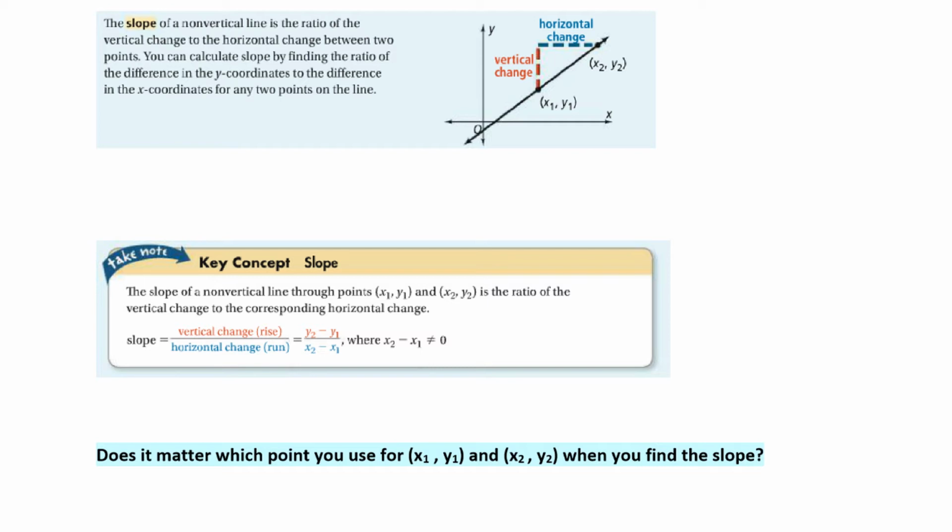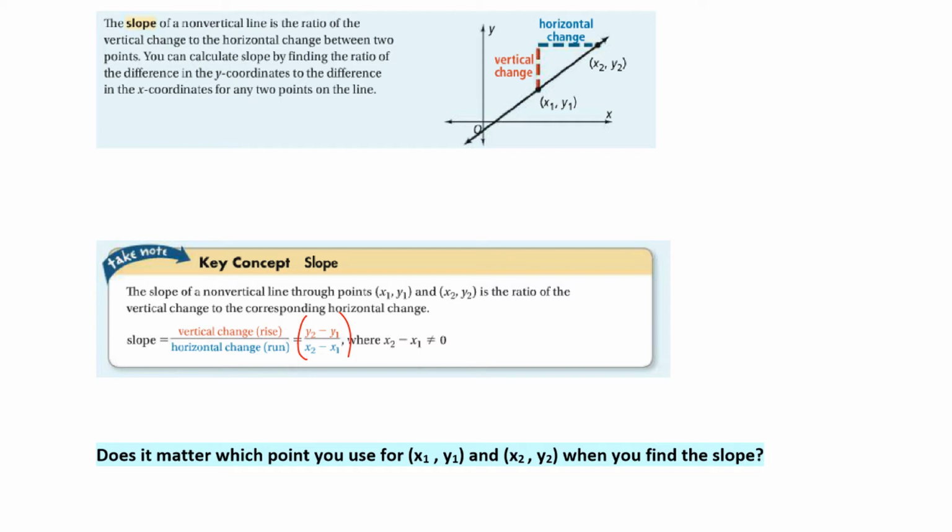If we look in our key concept box here, it says the slope is the ratio of vertical change to the corresponding horizontal change. We have y sub 2 minus y sub 1 divided by x sub 2 minus x sub 1, where x sub 2 minus x sub 1 can't equal 0 because we can't have 0 in the denominator.